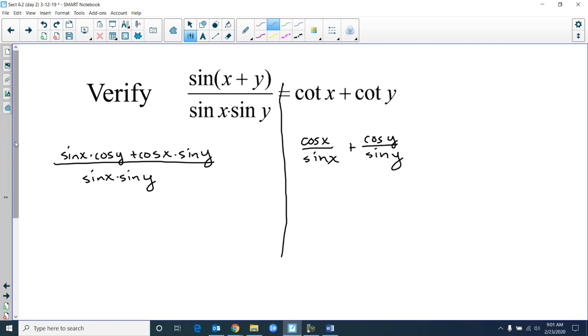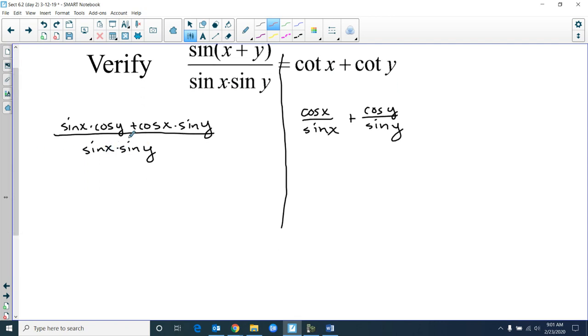What you can do, this is a single denominator. You have two terms in the numerator. I can split this up into two terms.